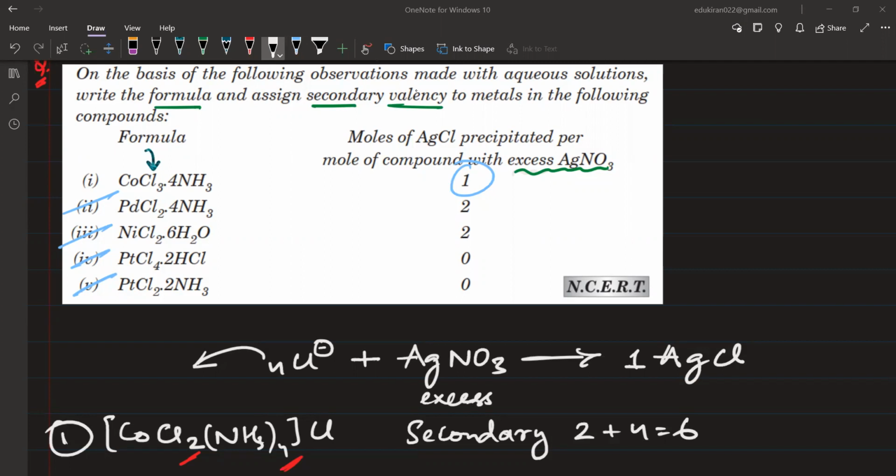Then the second one, yeah, very good, correct. Third one, nickel, yes, very good, correct. Fourth one, Pt, yeah, very good, correct. And fifth one, yes, correct. Very good, Zen.